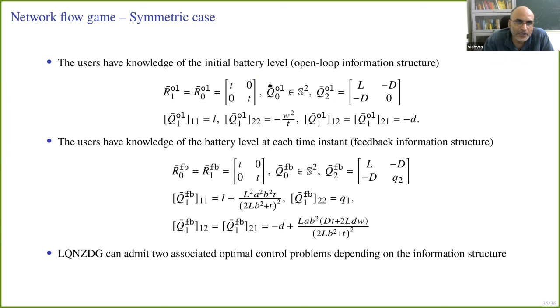We can construct the optimal control problem whose solution provides the open loop Nash equilibrium, and here is the optimal control problem whose solution provides a feedback Nash equilibrium. So in some sense, a dynamic game can admit two associated optimal control problems depending upon the information structure. This is just an illustration of this idea.